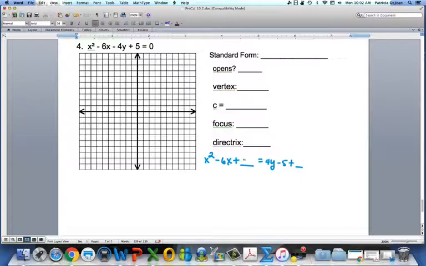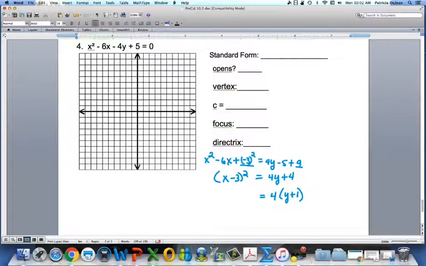And so that'll be negative 3 squared, and we'll add 9. Okay, so this will be 4y plus 4. Factor out our 4 and we'll have y plus 1. Over on the left side, we're going to have x minus 3 squared.